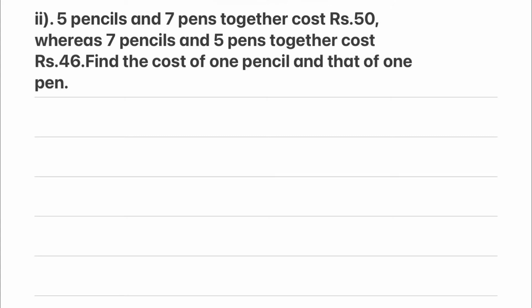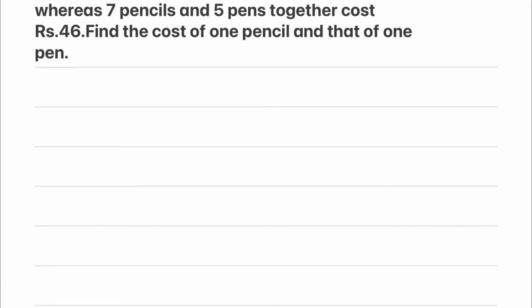Now the second part says 5 pencils and 7 pens together cost rupees 50, whereas 7 pencils and 5 pens together cost rupees 46. Now we have to find the cost of one pencil and that of one pen.